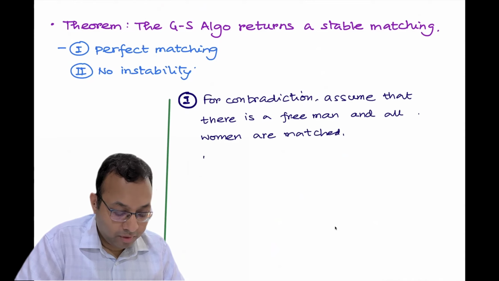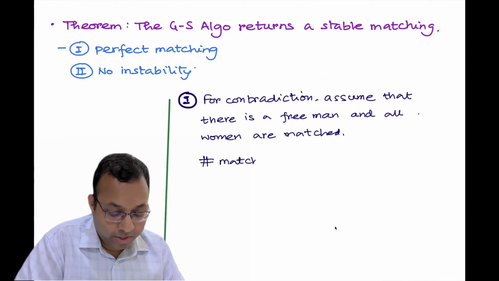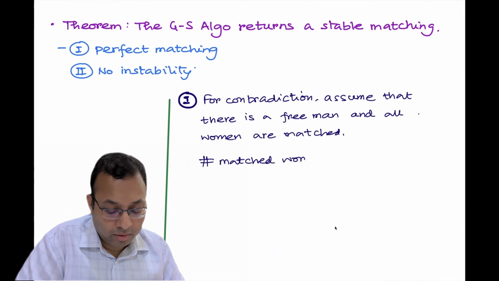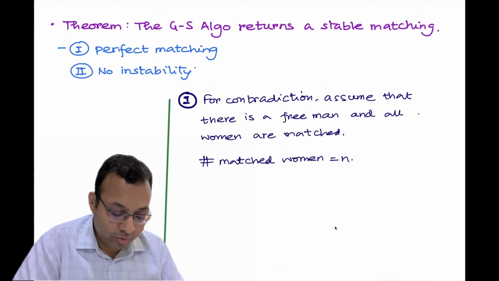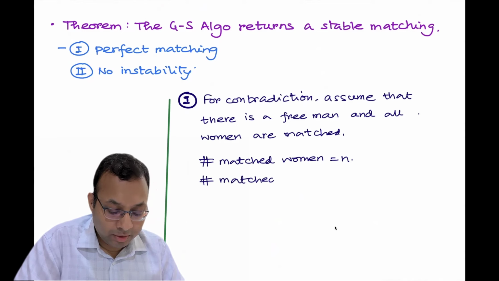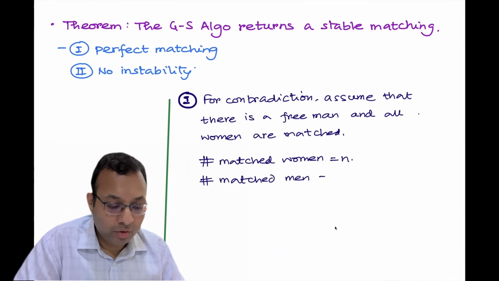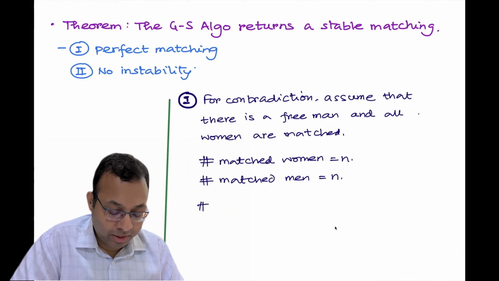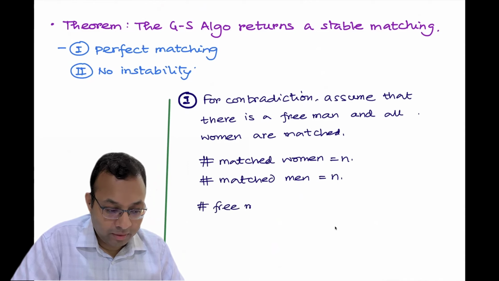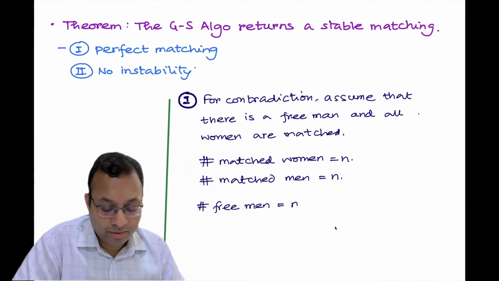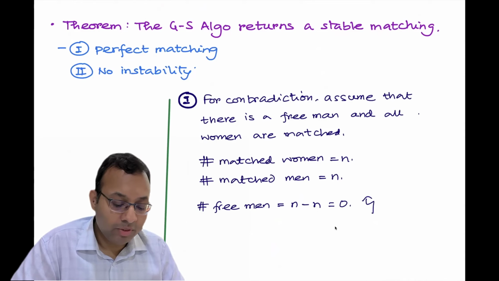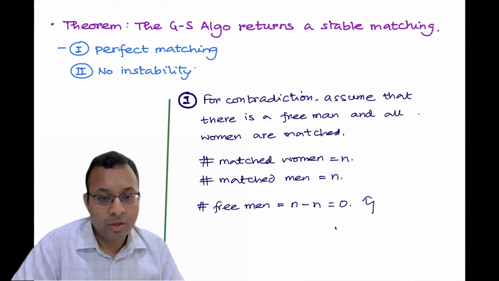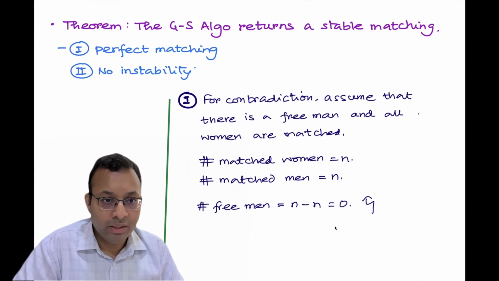So the number of matched women is n, but it's a matching. So every woman will get matched to a unique man, a different man. So the number of matched men is also exactly equal to n. So that means the number of free men is the total number of men minus matched men, which is 0. And that's a contradiction because we assumed there is a free man. So all men will be matched at the end. This is a perfect matching.